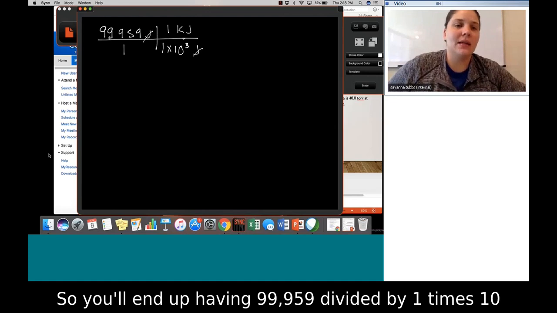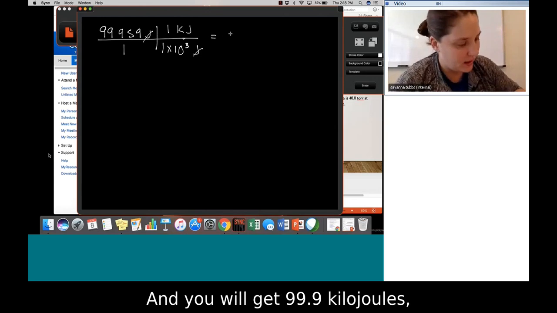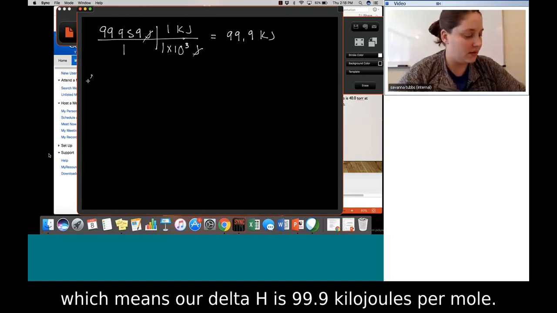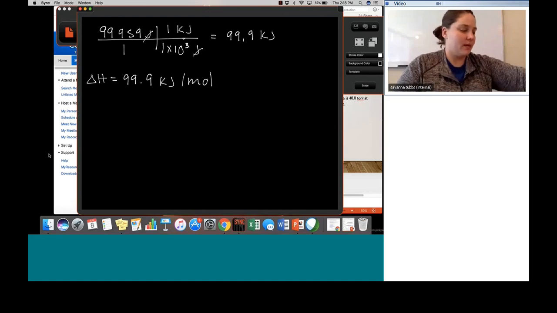So you'll end up having 99,959 divided by 1 times 10 to the 3rd, and you will get 99.9 kilojoules, which means our delta H is 99.9 kilojoules per mole. And that is how you solve this problem.